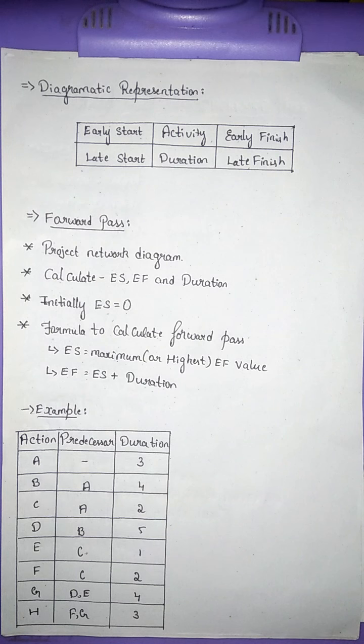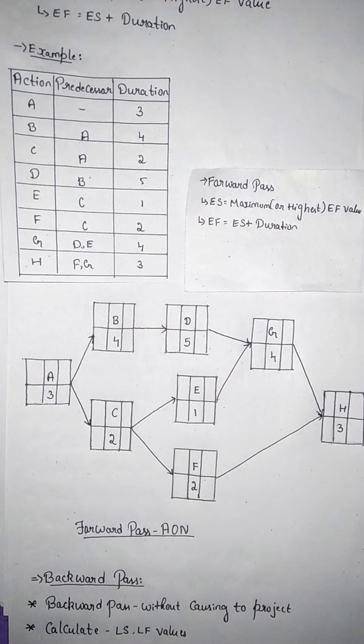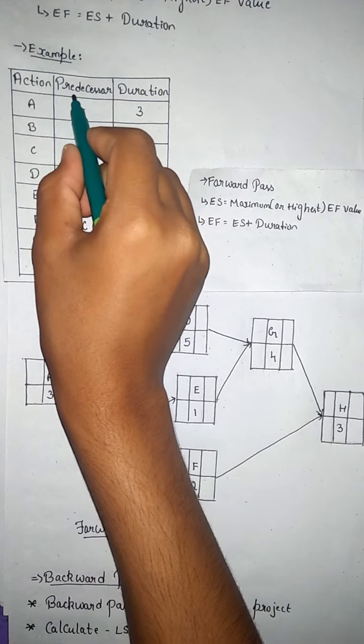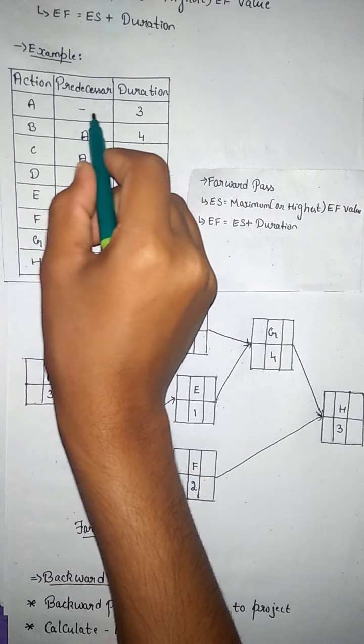Let us consider an example. Based on this table, we need to represent the activity nodes. The activities are considered from A to H. The predecessor for A is nothing.